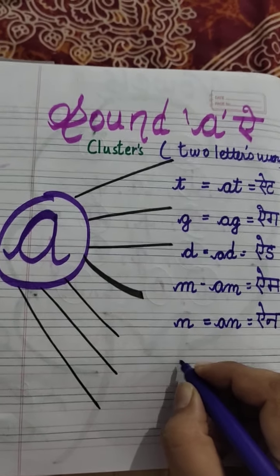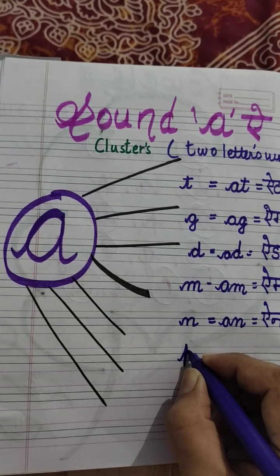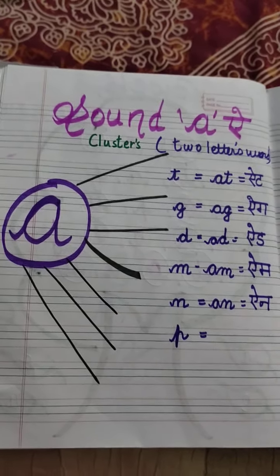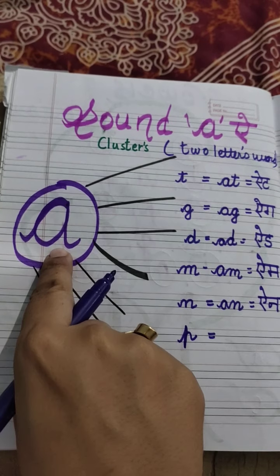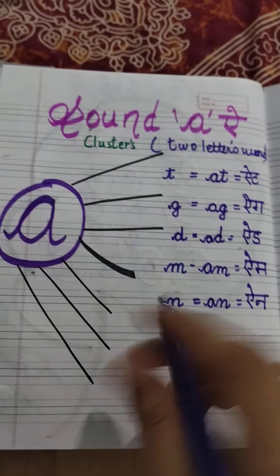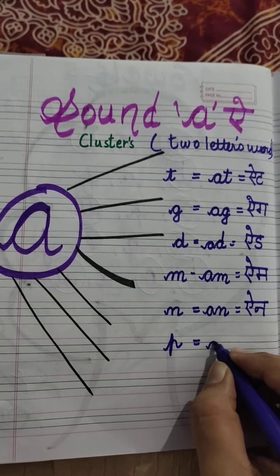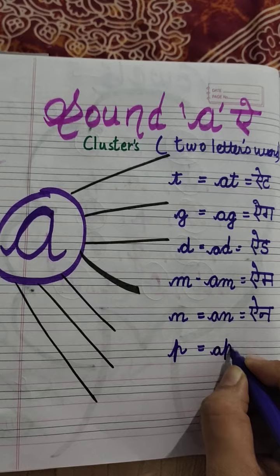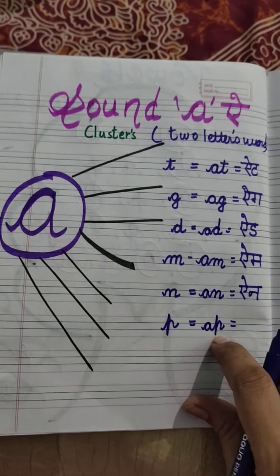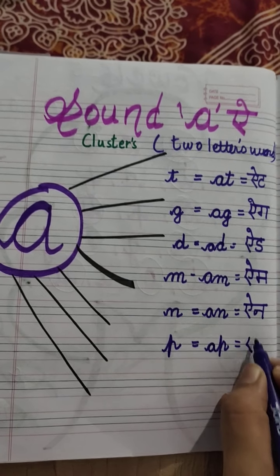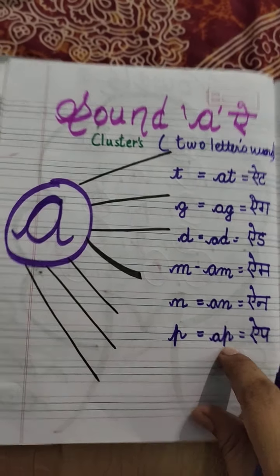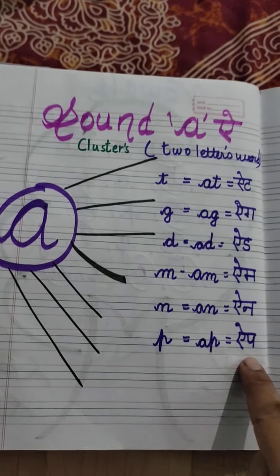Now we will take the next consonant, consonant P. Again we have to join our consonant P with this vowel. So like this, A, P. Now what sound comes from this cluster? App. A, P, app.